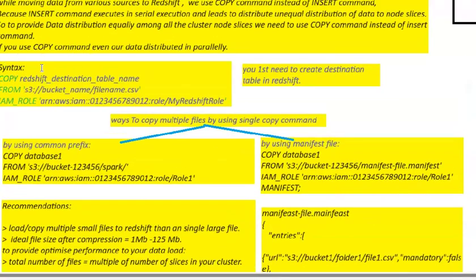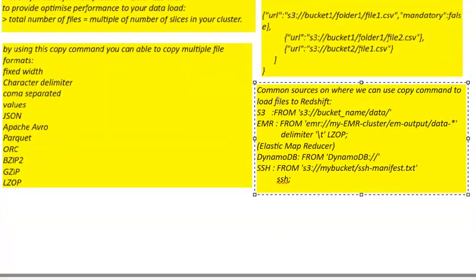So in this syntax, you can see we have told you about a destination table name. Before using the copy command, first you must create a destination table in Redshift. We have done that here, and we have even discussed from what different types of sources, and how we can write the command for from.